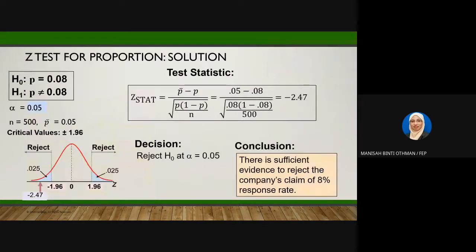So you can either say there is insufficient evidence to prove the claim that it will receive 8% response, or we can say that we have sufficient evidence to reject the claim.